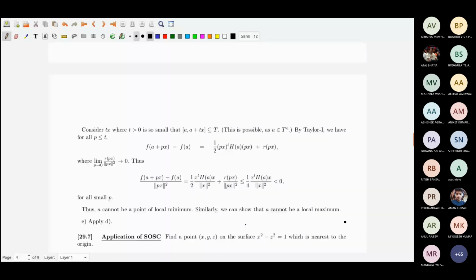Because the second term goes to 0, it can be made at best in absolute value half of the first term. So it cannot fully cancel, because it is going to 0 and the first one is fixed. So what will happen is that it will essentially remain, take the same sign as the first term. So that's what it is saying.